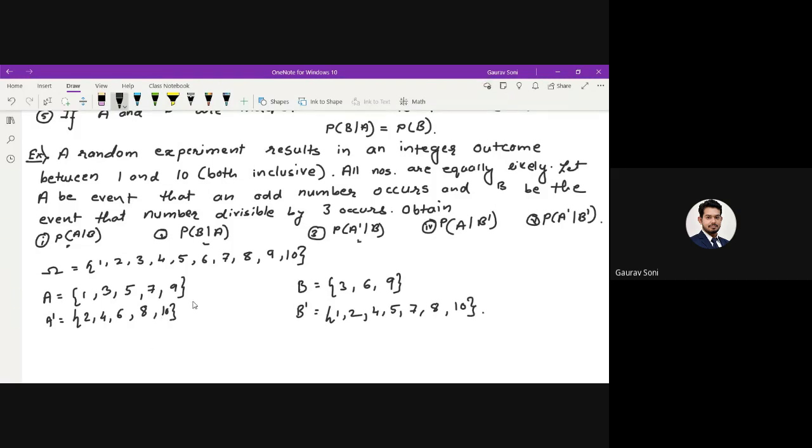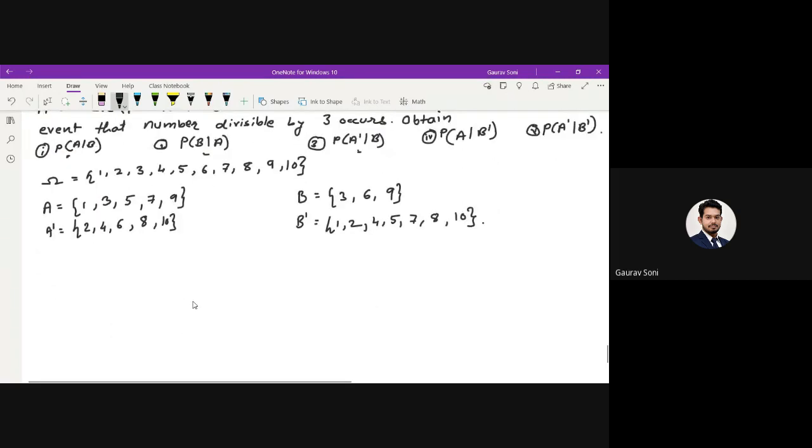So let's find out the probabilities. Probability of A given B is equal to probability of A intersection B upon probability of B. What is A intersection B?